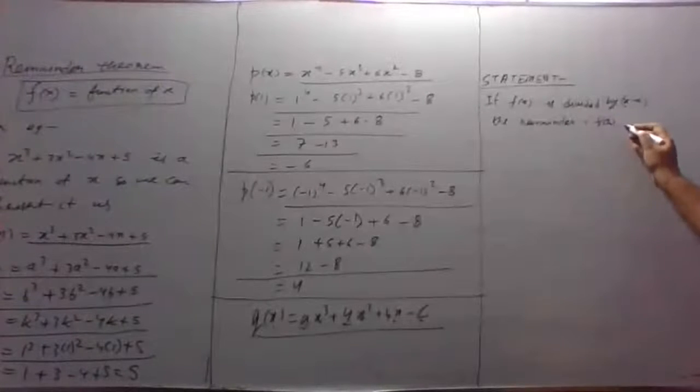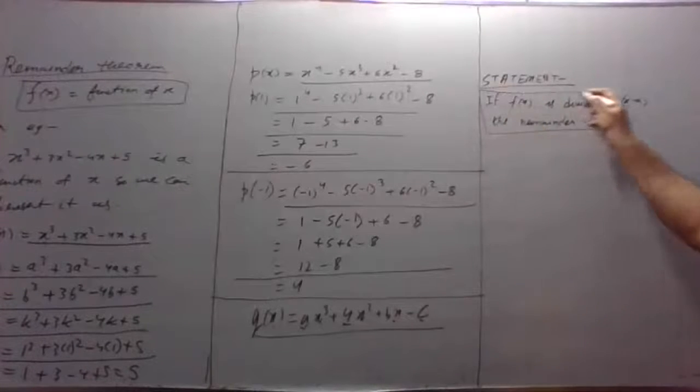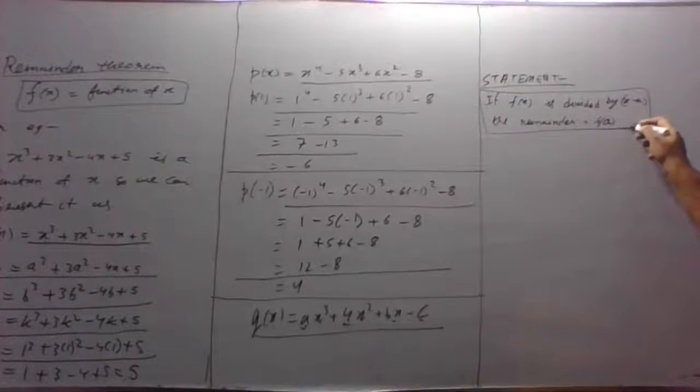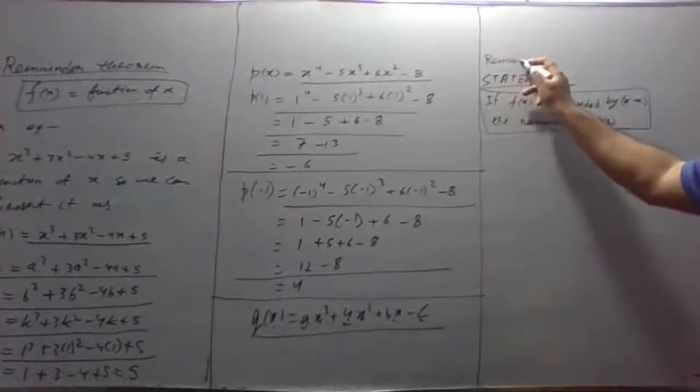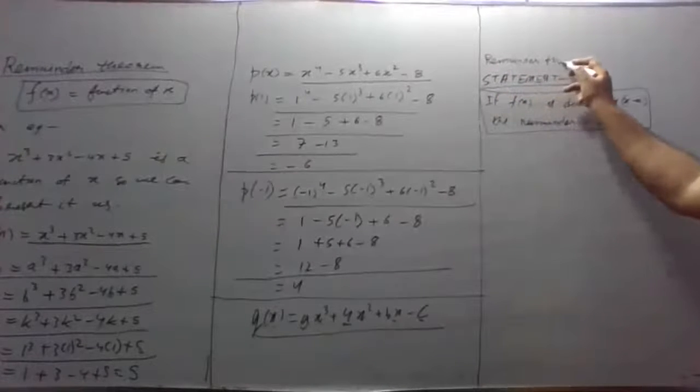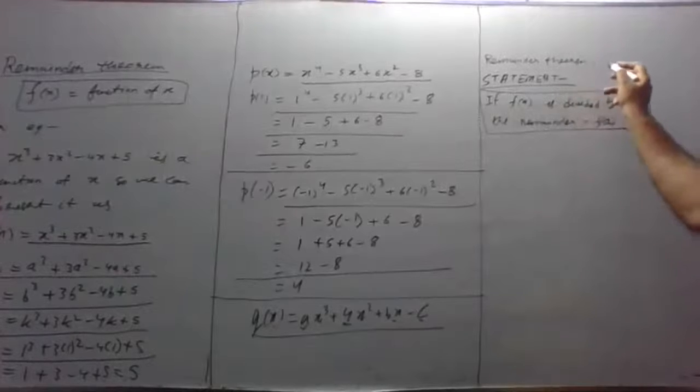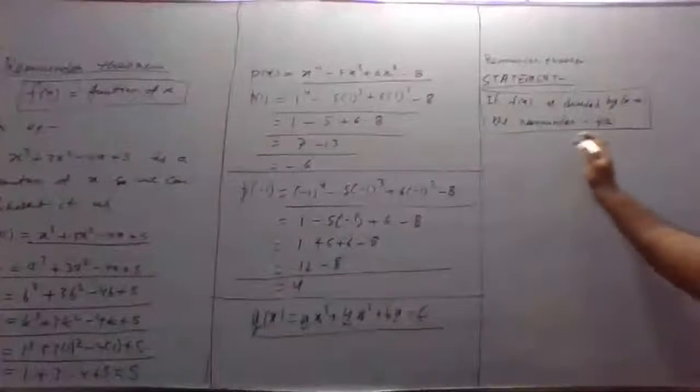Okay. If f(x) is divided by x minus a, the remainder is f(a). This is the statement of remainder theorem. Means if f(x) is divided by x minus a, remainder is f(a).